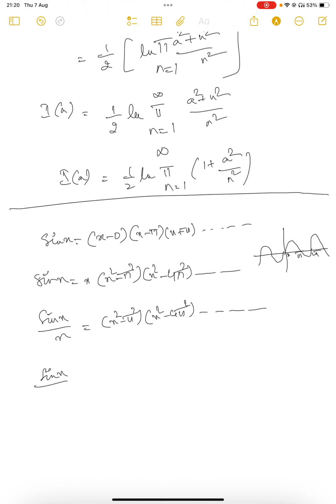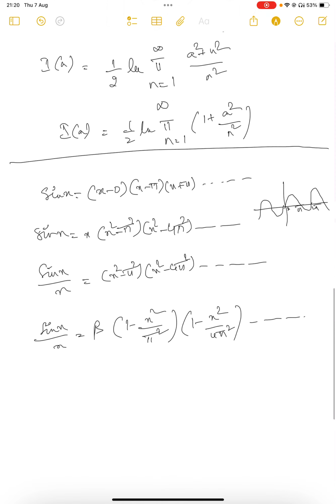Then sin x by x equal to, let's do one thing. In the first term, let's take minus pi square as common, then it will be 1 minus x square by pi square. Similarly, take minus 4 pi square as common here, then it will be 1 minus x square by 4 pi square. And all these terms of pi will be on the left hand side and let it be equal to beta. We'll evaluate how many pi's will be there in the beta.